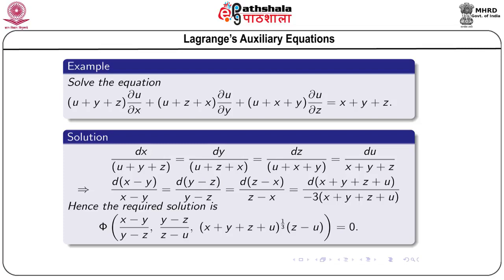And from these simultaneous equations, one can find easily 3 integrals. Since there are 3 independent variables, for the general solution we need 3 integrals.